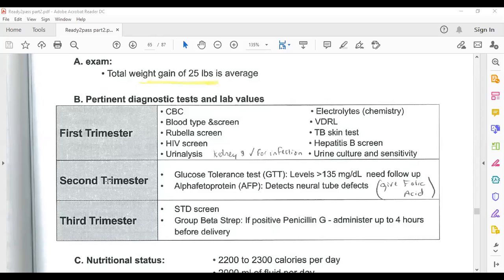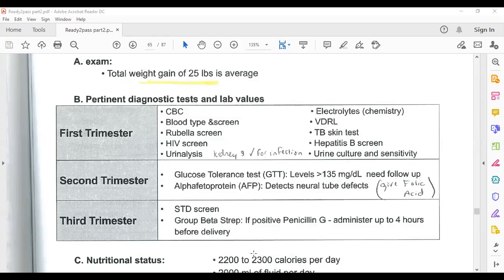So when you say overweight women, if the gain is more than 15 to 25 pounds, and when you say underweight women, if it is 28 to 40 pounds.